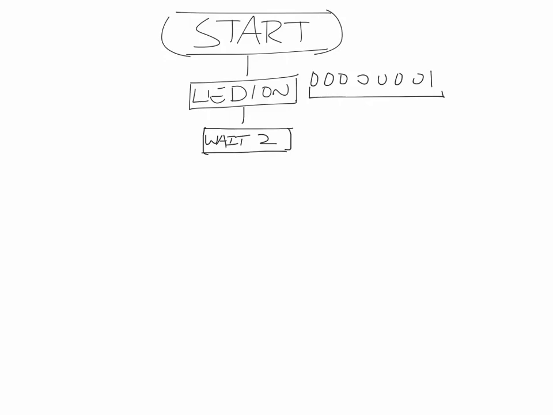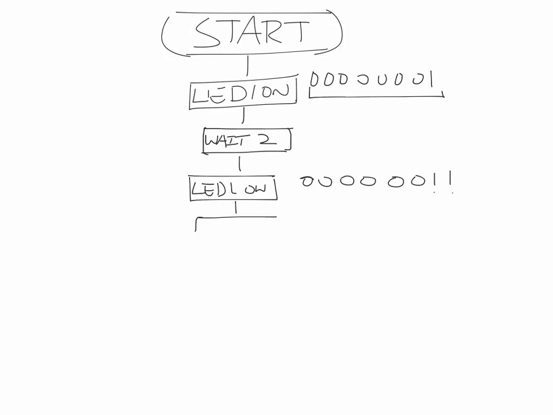After 2 seconds, I want my second LED to come on as well as the first one. So take another rectangle, pointy corners, it's an output, LED 2 on, and the code would be 0, 0, 0, 0, 0, 0, 1, 1 for LED 1 and LED 2.